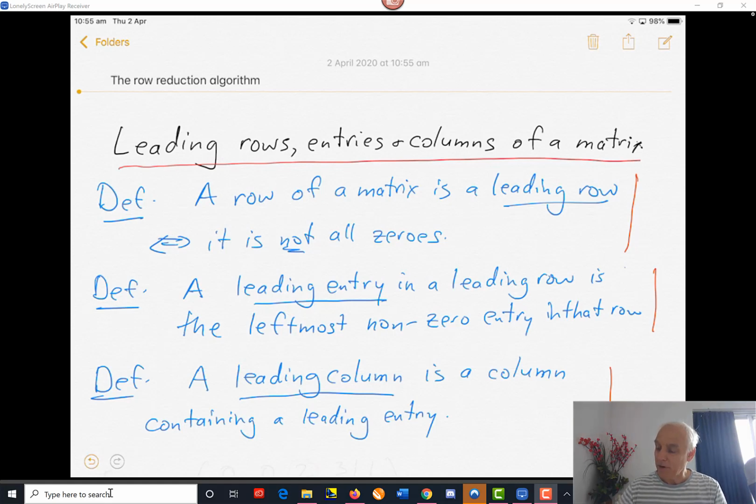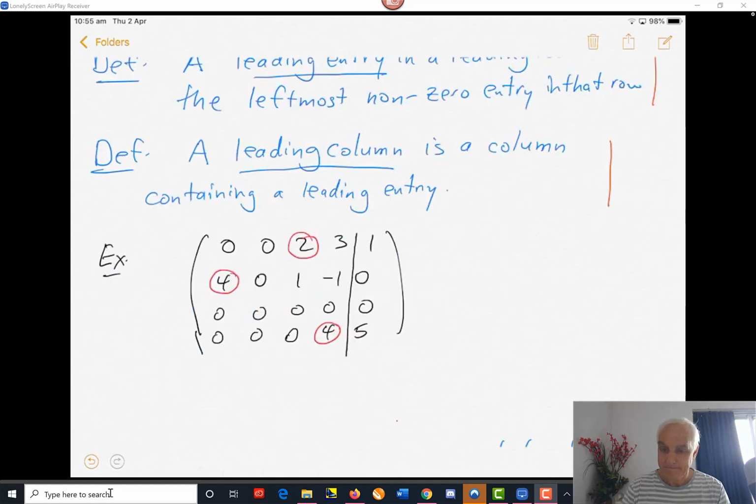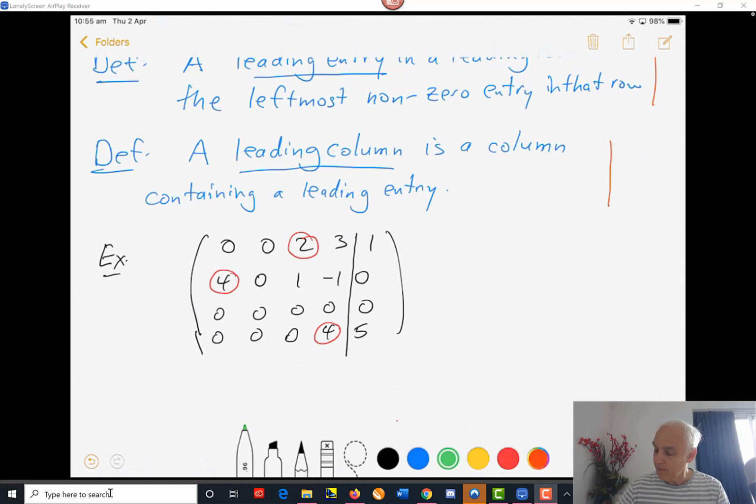So, for example, have a look at this matrix here. You see an augmented matrix for some system, and one of the rows is 0. This is a non-leading row. The other three are leading rows.